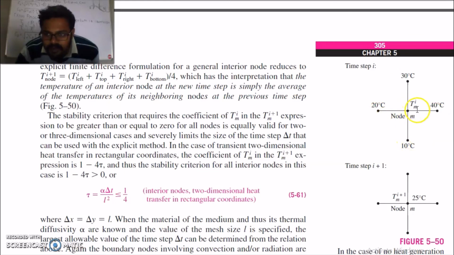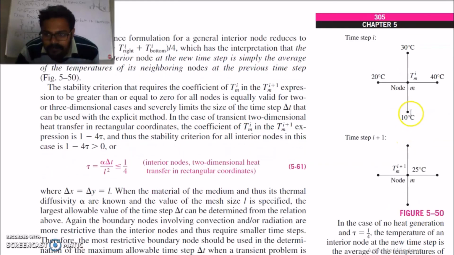This is the temperature of the interior node, which is m, time step I. So this node m at I plus 1 time has a temperature of 25, which is the average of the temperature of the neighboring nodes at the previous time step, meaning 20 plus 30, 50, and this 50 divided by total 100 divided by 4, which gives 25.